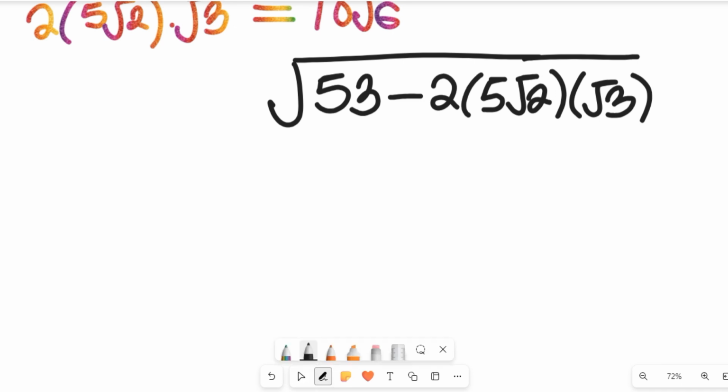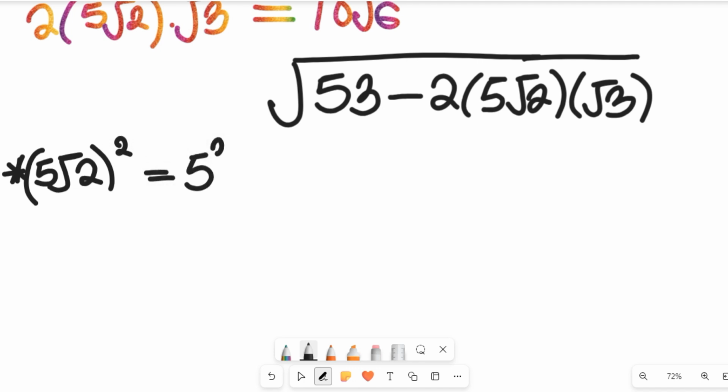Now, to simplify further, I want us to note a few points. From here, if we take 5 root 2 and square it, it gives us 5 squared multiplied by root 2 squared.